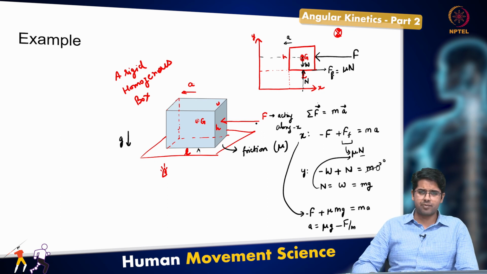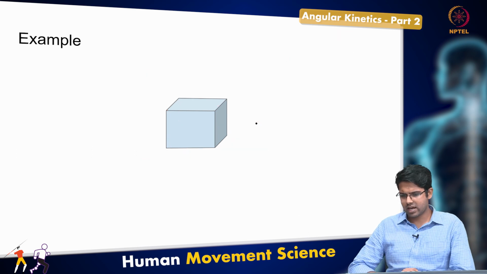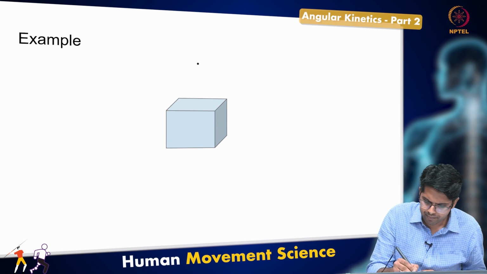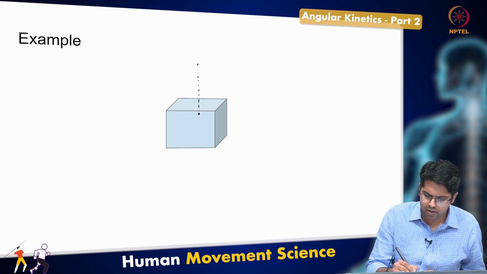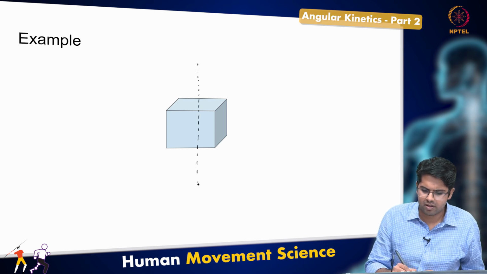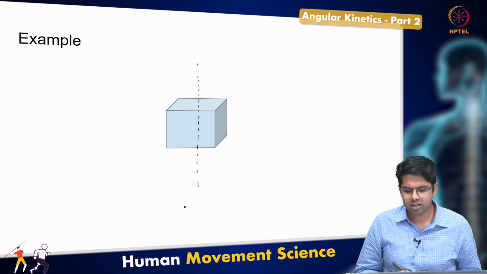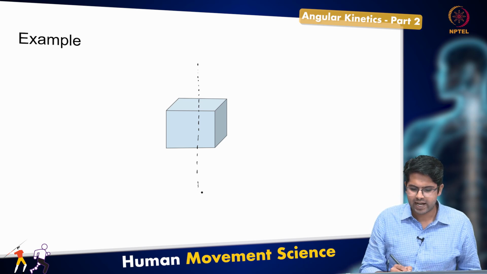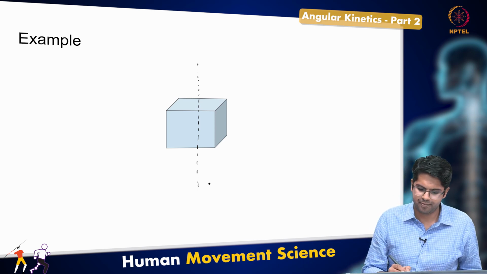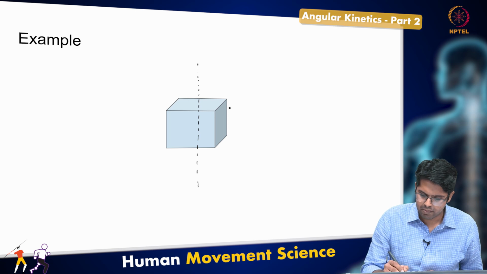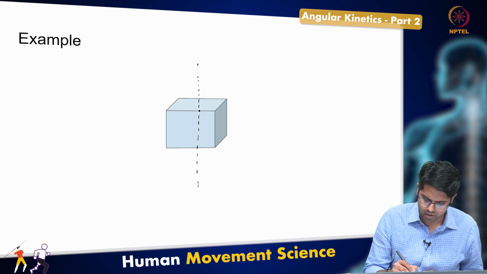We can do the exact same thing for a system that rotates, right? So let's say this is a box and I have put an axis through it, and I am applying a force on it, which is causing it to rotate.